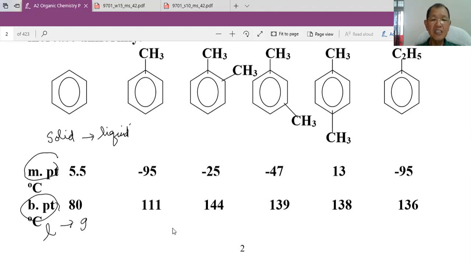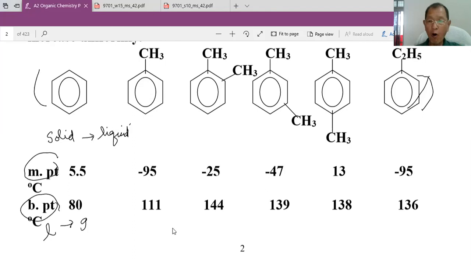Now, the interesting thing, of course, because they are covalent substances, also they are a bit polar, they will have dipole attraction, so they are normally quite low in their boiling point.